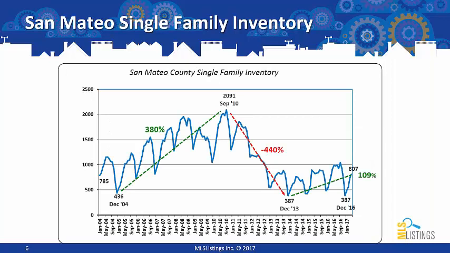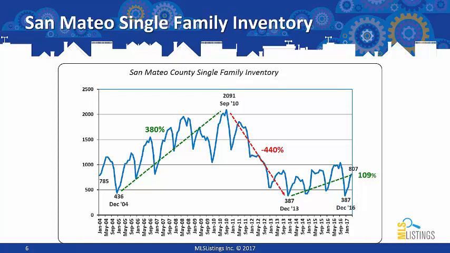San Mateo had a little different type of look, but kind of mirrors the same. They had a real spike, highs and lows of inventory, going up from December 04 to 2091 in September 10. That's a 380% increase, but you can see how wild that ride was in that period.